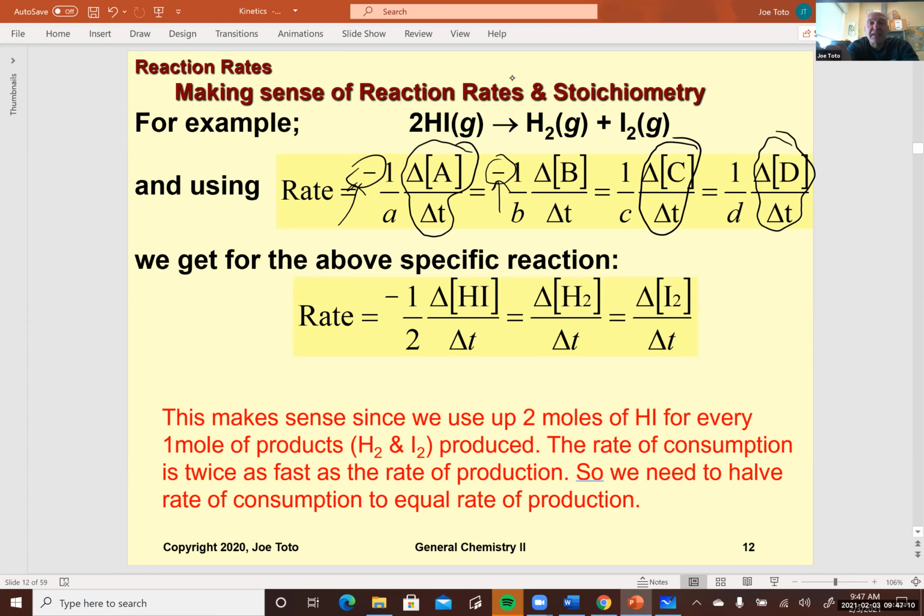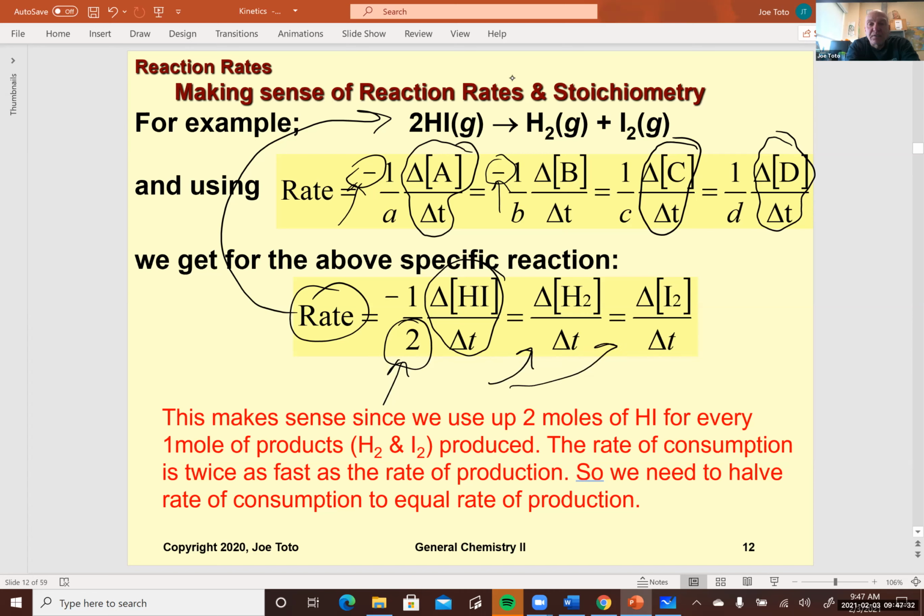But anyway, back to what I was saying, if this generalized equation can be applied to this reaction, and we do it here, then it makes sense that if I have a rate of consumption of HI, I'm going to have to scale it or divide it by 2 to equate it to the other rates, which happen to be both production, by a factor of 2, because I can see that I'm going to need 2 HIs for every 1 H2 that's produced and every 1 I2 that's produced.